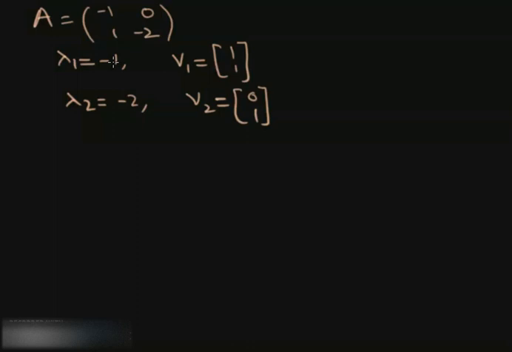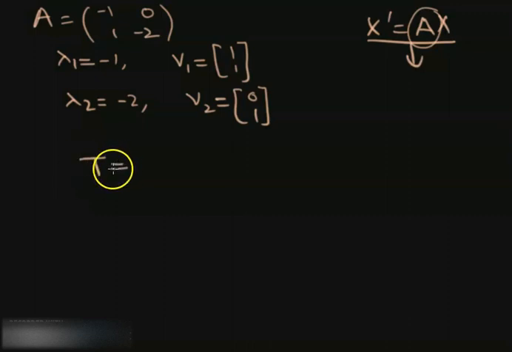But now we just want to convert this system x' = Ax into the system where this matrix form is canonical. So now I'll define T, which has these column vectors (1, 1) and (0, 1).